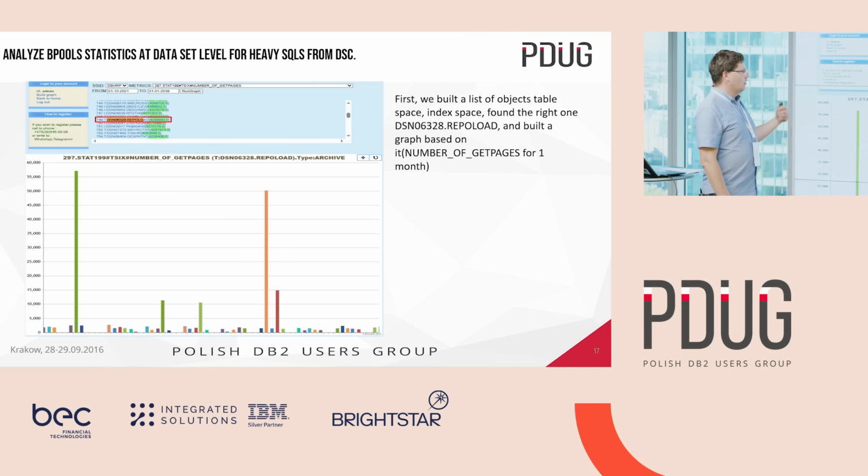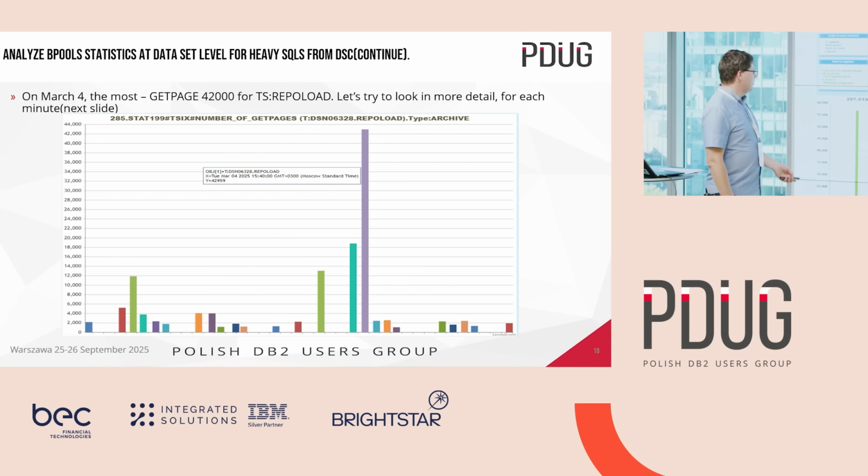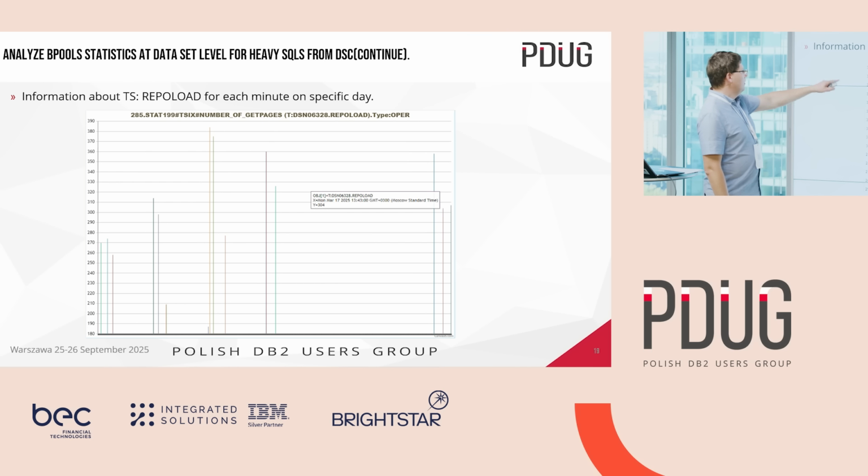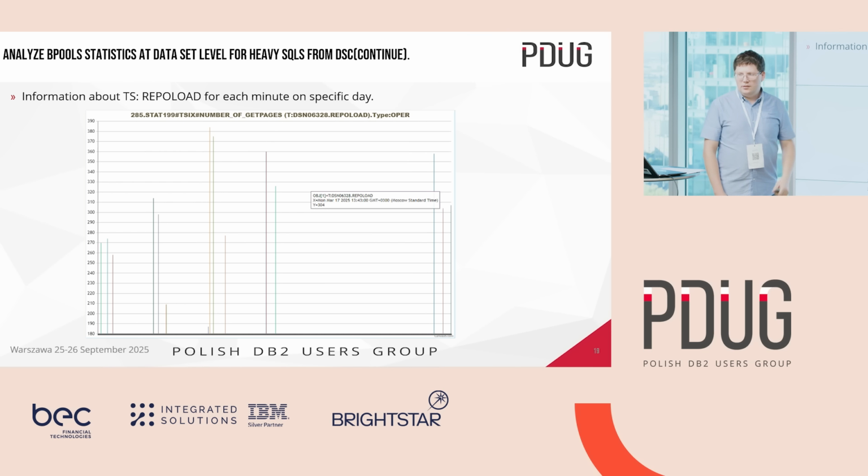If I need to know more detail, I set up a lower period of time. On the next slide, I set up a lower period of time and type archive. Yes, lower period of time, and in this case it builds information every 1 minute, every 1 minute per day.